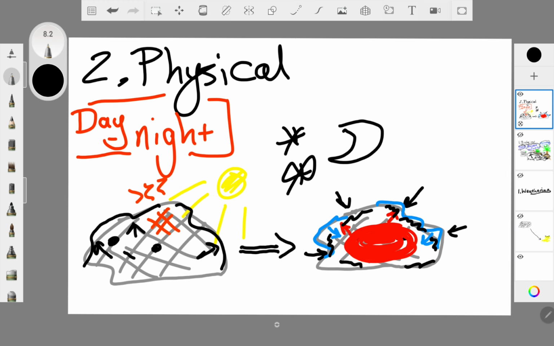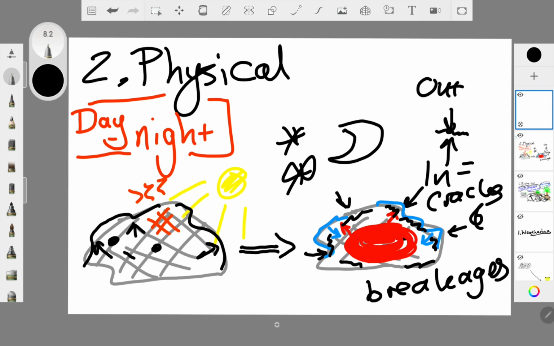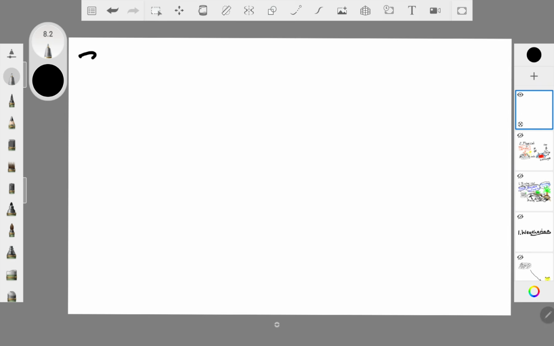Over time, this repeated squeezing, where they're both pushing against each other, is going to equal cracks and breakages, and your rock will slowly start to shed off layers that will pile up around it as sediment.